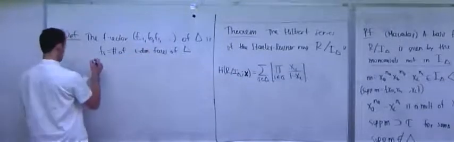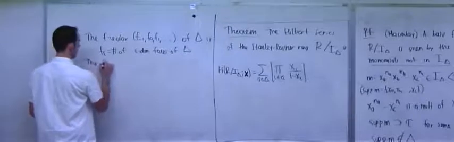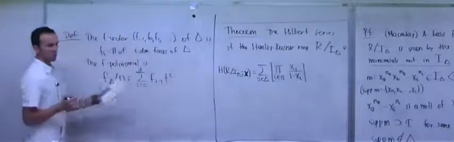And I make a polynomial out of this guy. So the F polynomial is F delta of t, which is equal to the summation of these guys. So I just make a polynomial out of these guys. Okay.